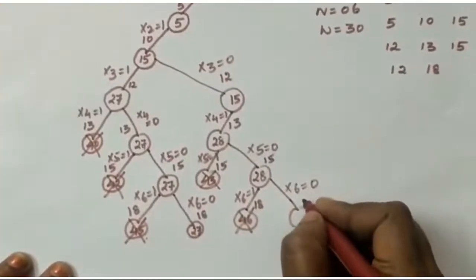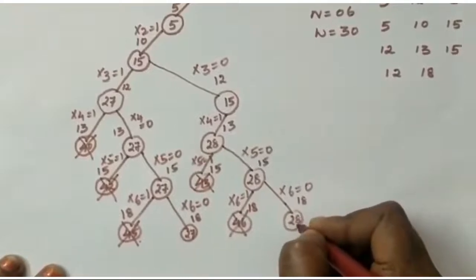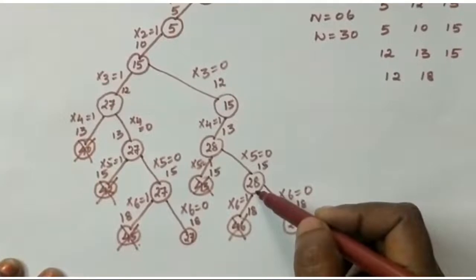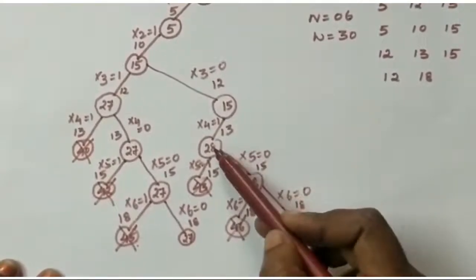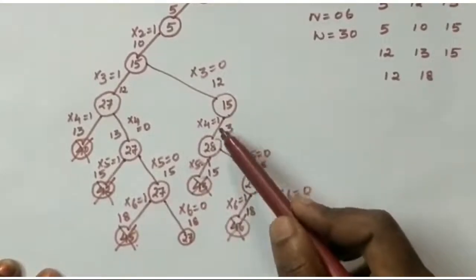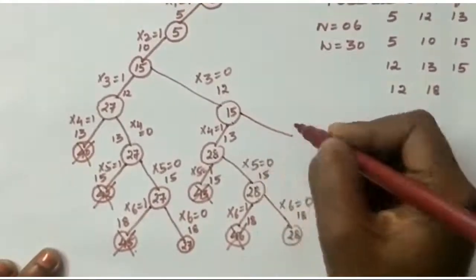So we'll have the previous value as such, that is 28, but still it's not 30, so we are not going to consider it. Coming to the sixth level, we have visited both the left hand side and right hand side. Coming to the fifth level, we have visited both left hand side and right hand side. Coming to the fourth level, we have visited only the left hand side. Then we are moving on to the right hand side.